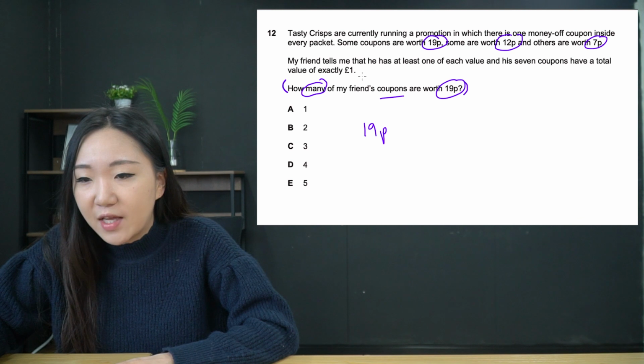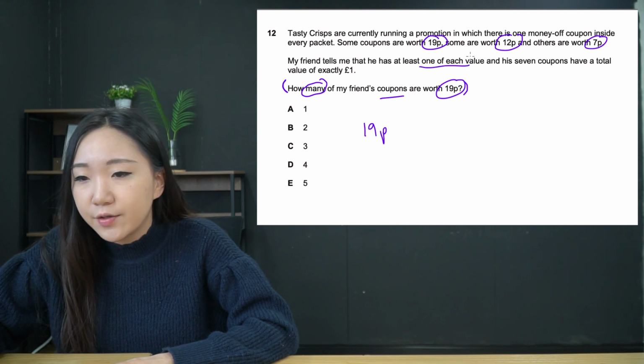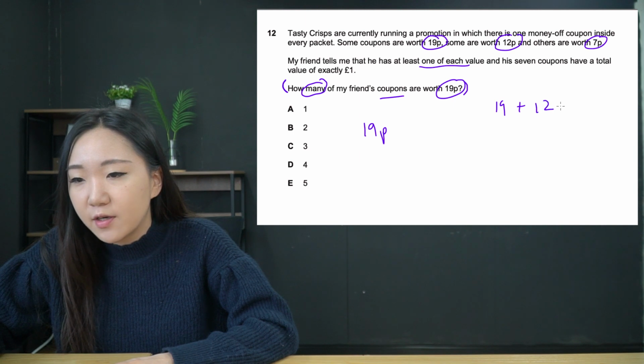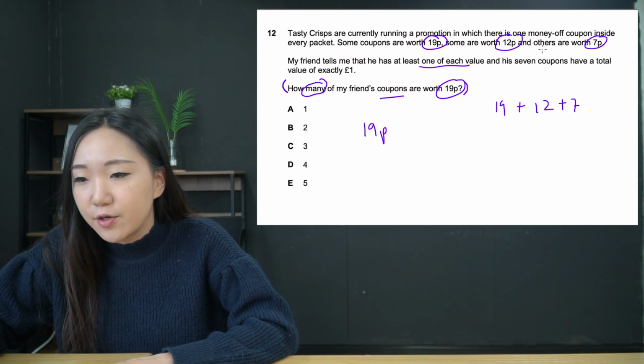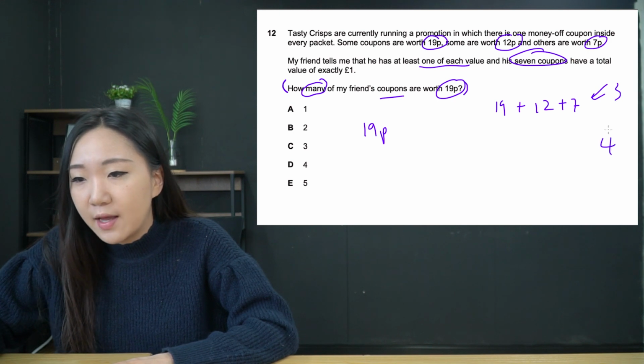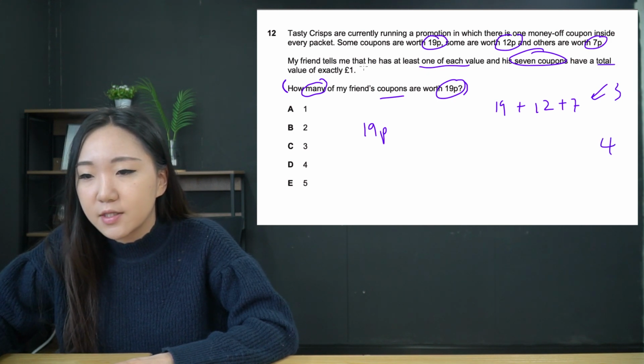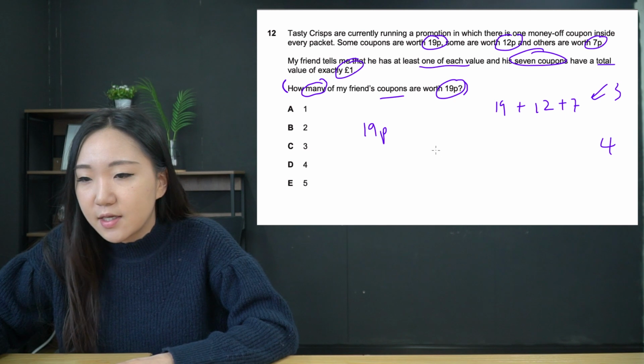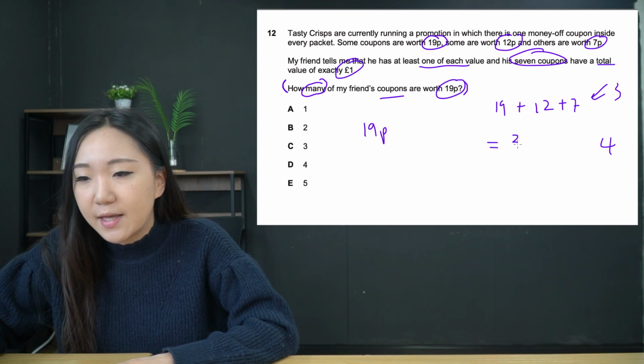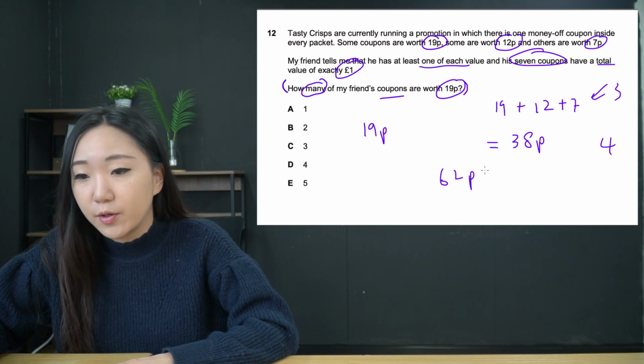And then I have at least one of each value, so I know that I have a 19, a 12, and a 7. I have 7 coupons in total, so I've already used 3 here, so I need to calculate the value of 4 more, and the total value is £1, okay? So I know that I already have these ones, so I'll quickly add that up, and that gives me 38 pence. So I now just have to account for 62 pence of coupons, okay?